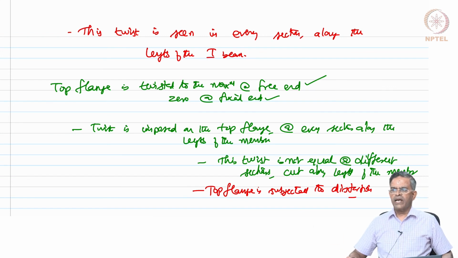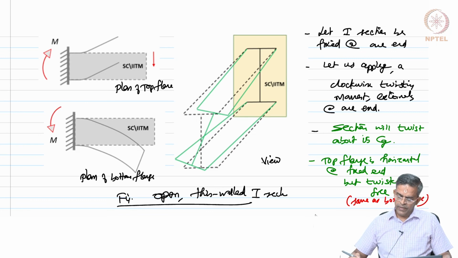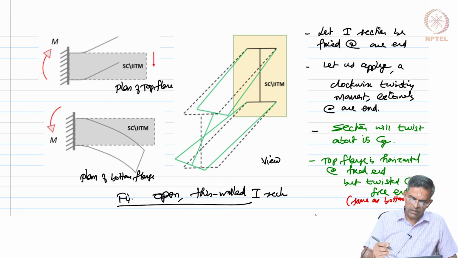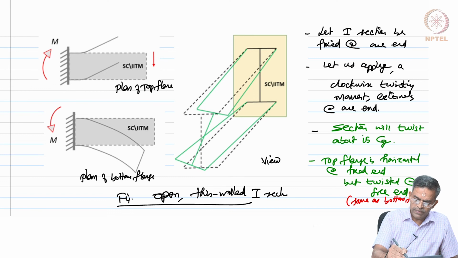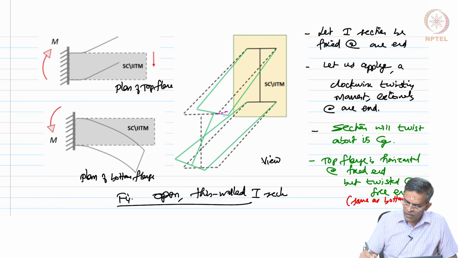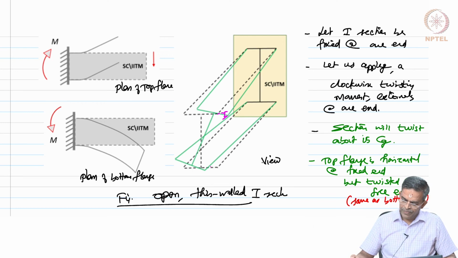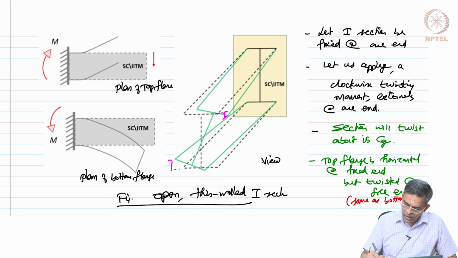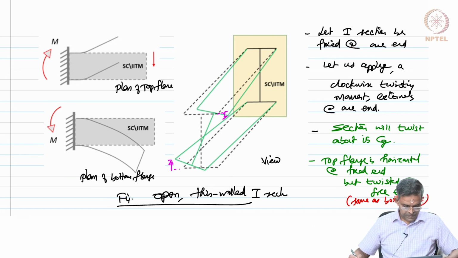It implies that the bottom and top flanges have twisted and bent as well. See the figure? There is a downward deflection from here to here, but from here to here there is an upward deflection.